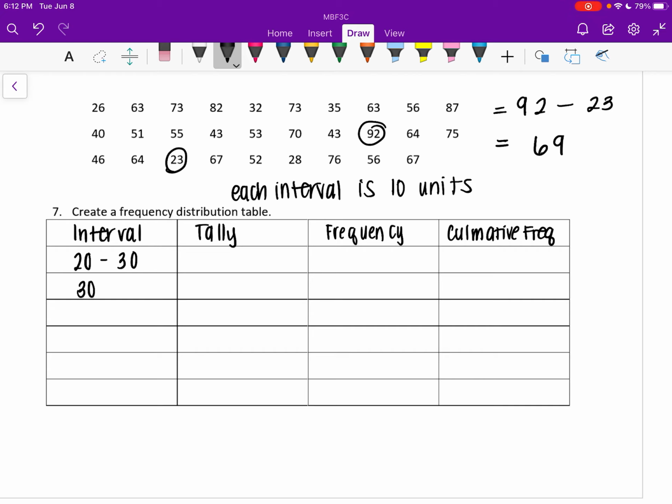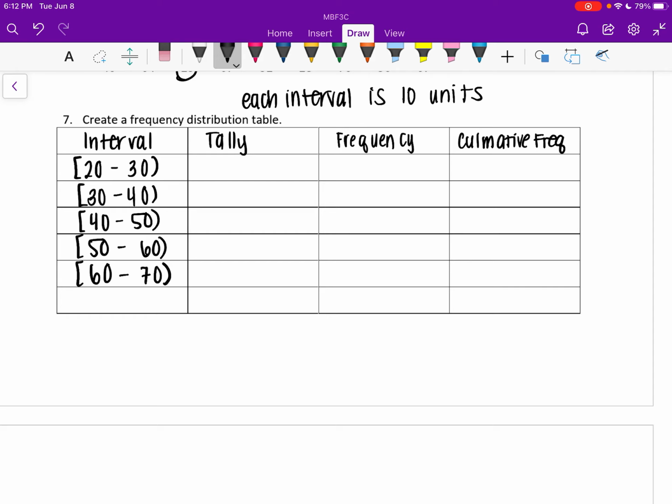Then 30 to 40. And then just make sure you put in your data the right way. 40 to 50. 50 to 60. Then 60 to 70, and I need one more line after, but that's fine.